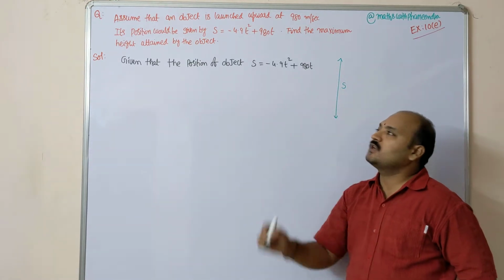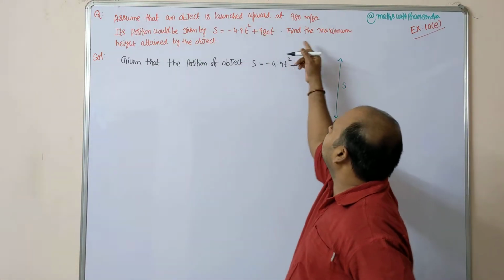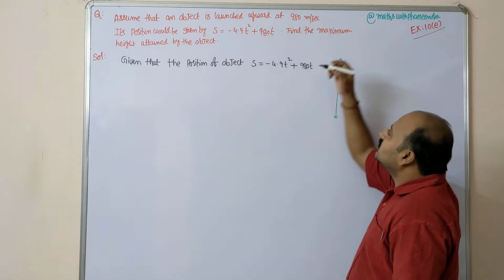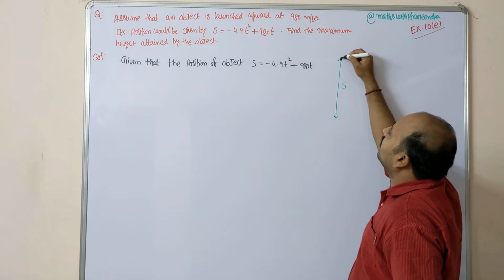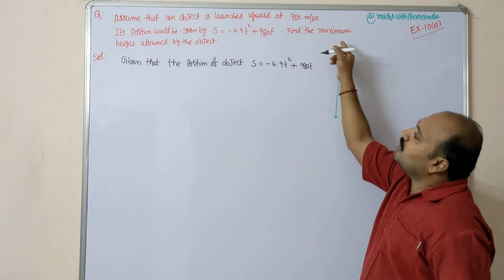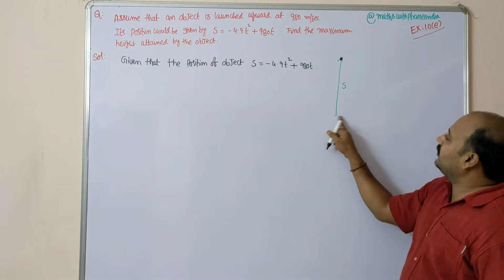This is the position of the object. What they are asking, its position is given like this: find the maximum height attained by the object. Suppose the position of the object will be here, it reaches. Find the maximum height attained. Suppose from here to here it was attained.